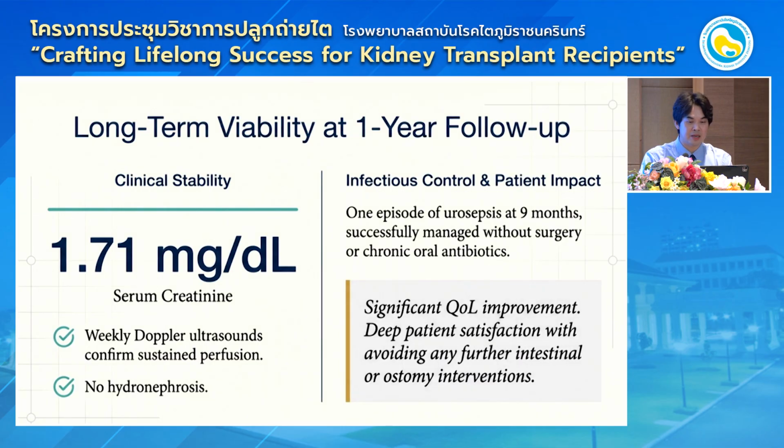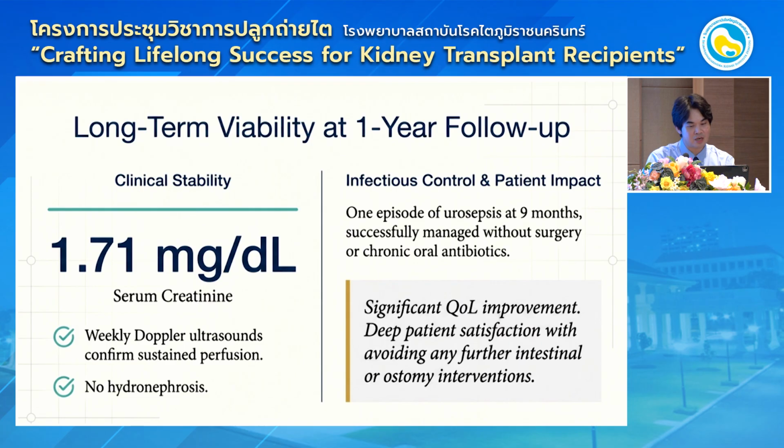At the 1 year follow-up, the patient remained stable with a serum creatinine level of 1.7, indicative of preserved graft function. Follow-up Doppler ultrasounds continue to demonstrate excellent perfusion with no evidence of hydronephrosis.